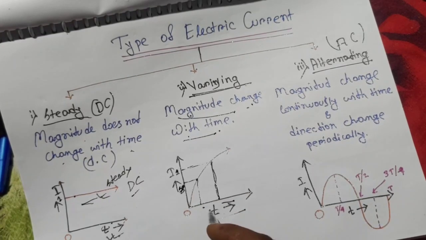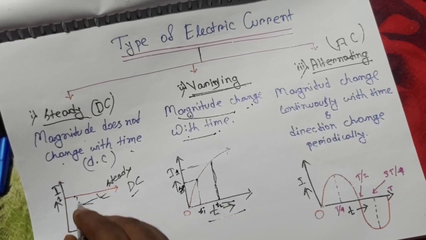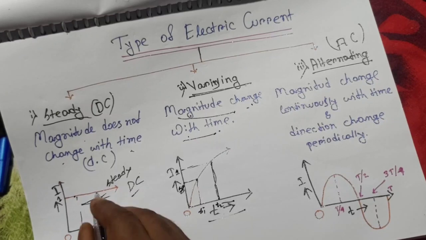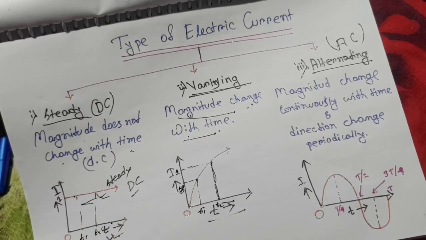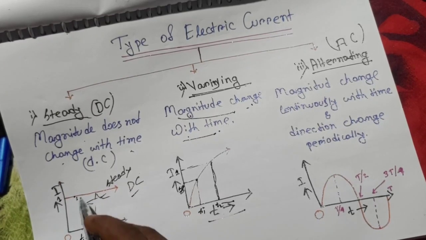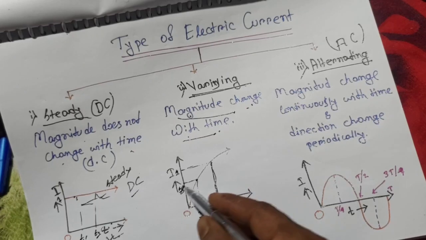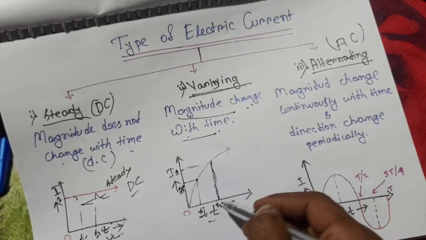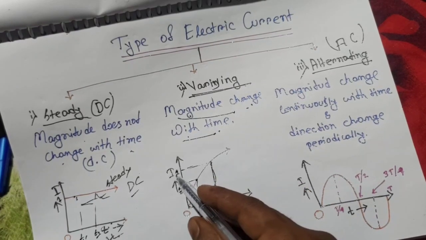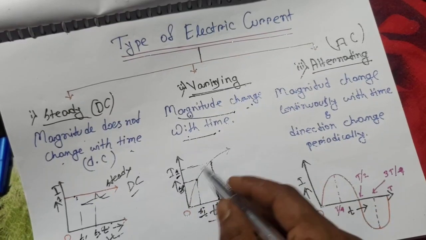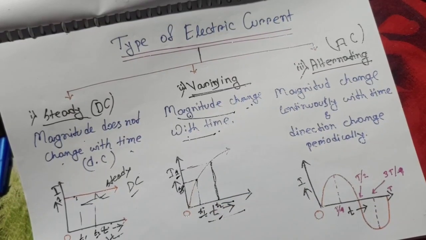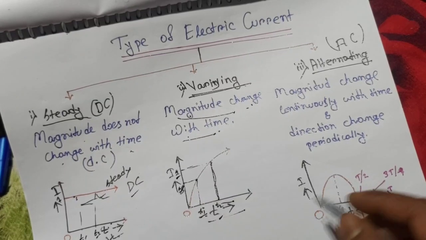Suppose the times are t1 and t2. In the steady case, at t1 time the current is 1 and at t2 time also the current is 1. Here at t1 time the current is 0.8, but at t2 time the current is 1. Okay, so the magnitude of current is changing with time.